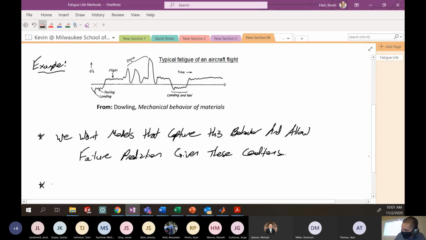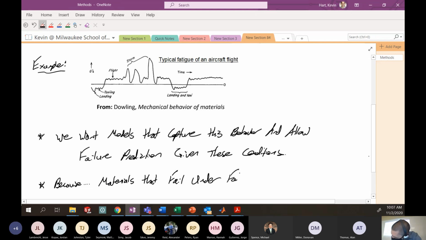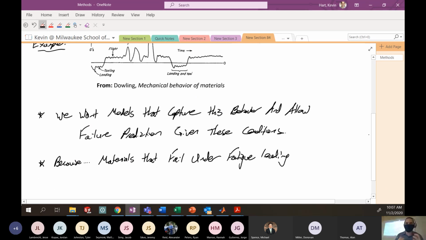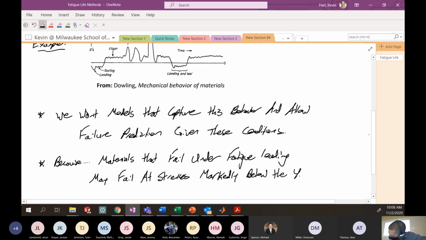So, materials that fail under fatigue loading may fail at stresses that are markedly below the yield stress. I'll use a big word: markedly.